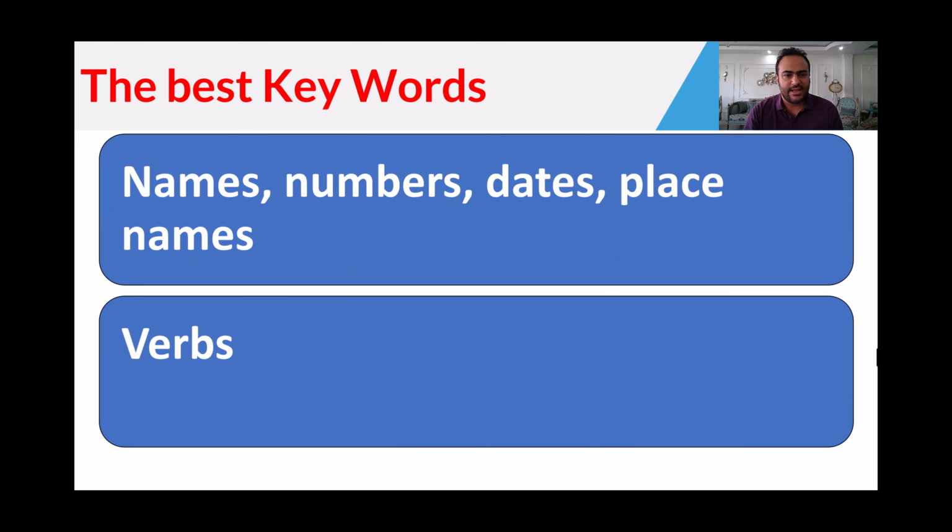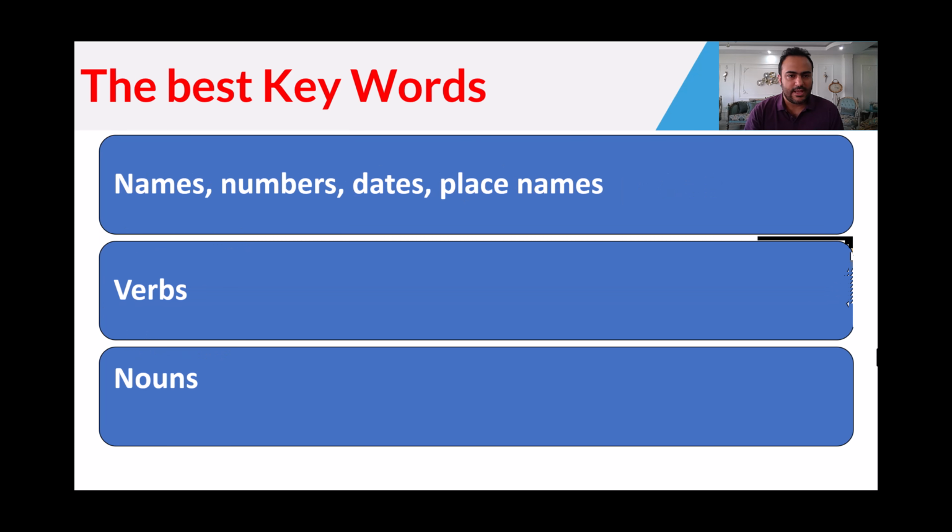After these, we can have verbs, because each English sentence or each English clause needs a verb which shows the action that is happening in that sentence. So verbs also have the second priority for us. And nouns can be the subjects or the objects of the sentences.